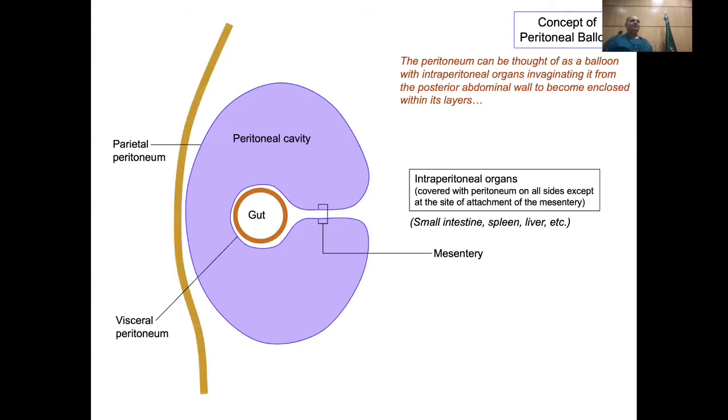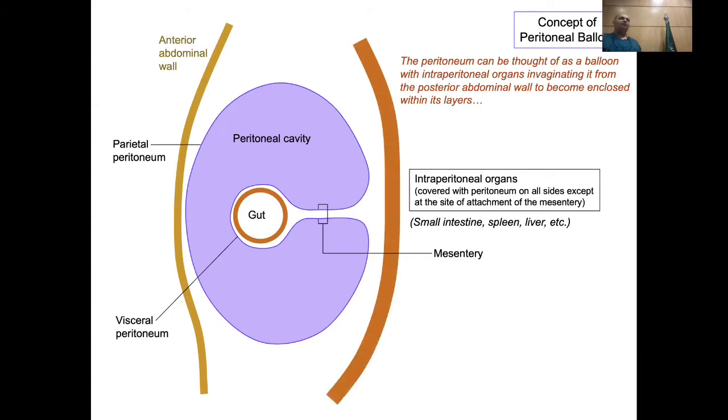Now, this is my anterior abdominal wall. And this is my posterior abdominal wall. So everything is in between. Now, this is my diaphragm, the upper limit of my GI abdominal cavity.